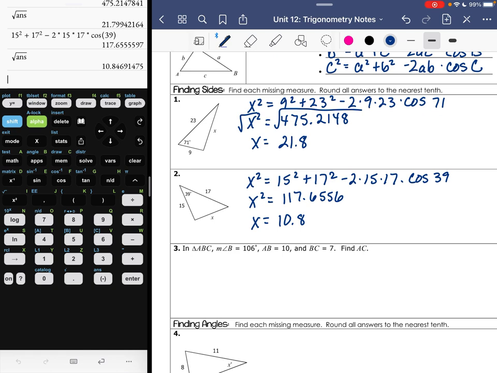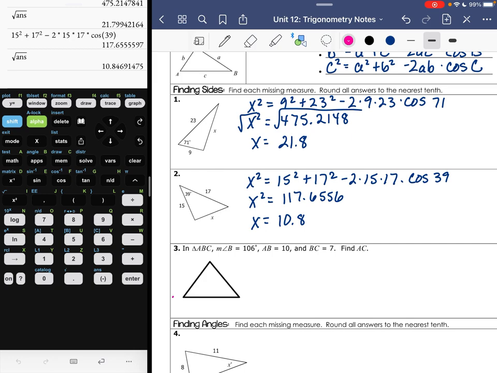All right, on number 3, we do have just the information and no triangle. I highly encourage you to use the space there to draw a triangle. It just will help you get everything in the formula in the right place if you can see how they are related to each other.